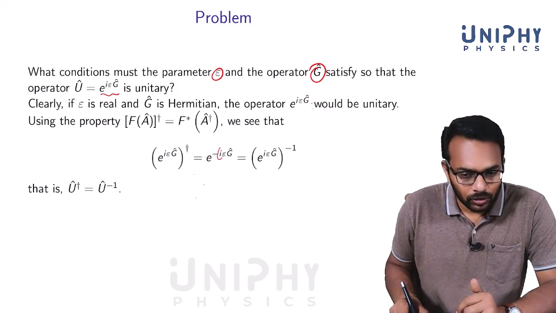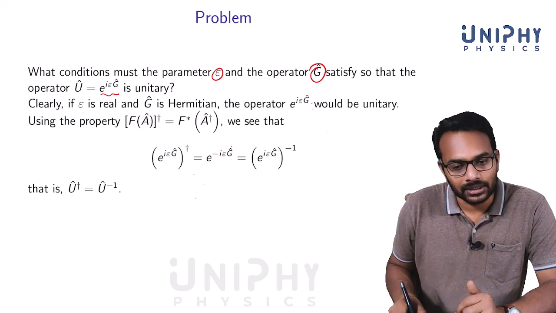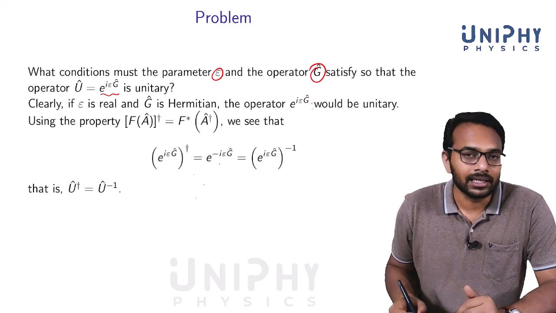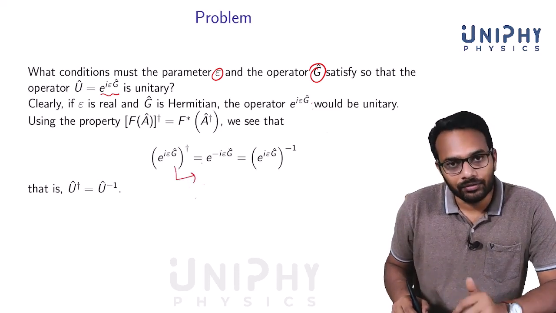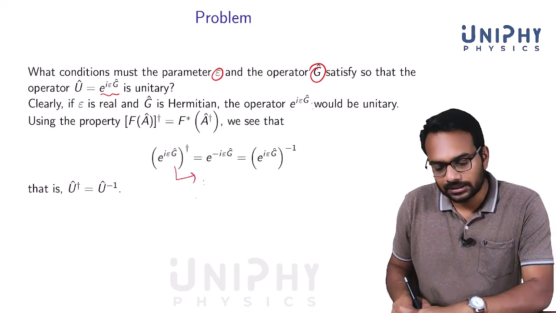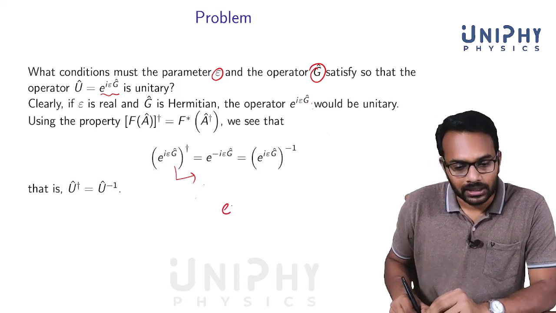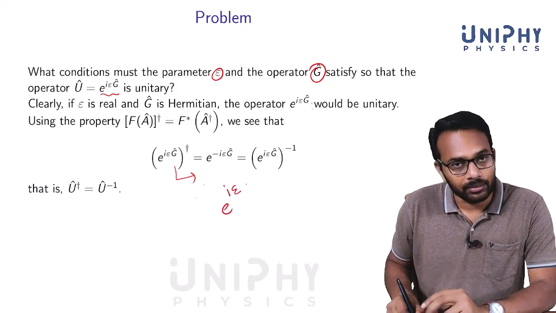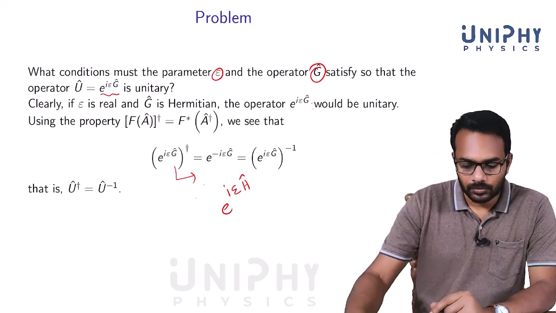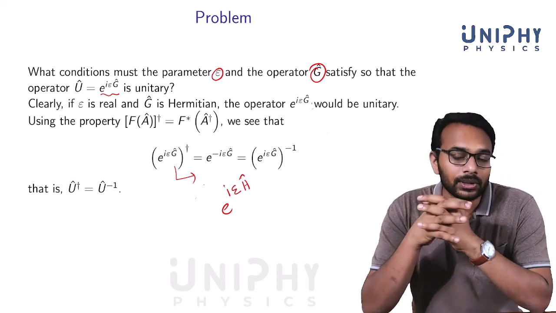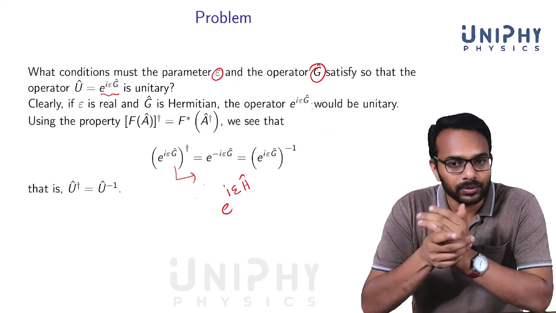We normally write this i outside so as to make this operator a Hermitian operator. So this is the form in which we'll often find unitary operators. It will be of the form e raised to i, some real parameter, and a Hermitian operator. These are the kinds of unitary operators that we will come across very often.